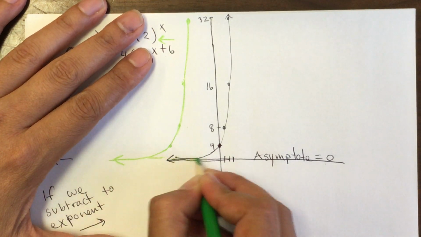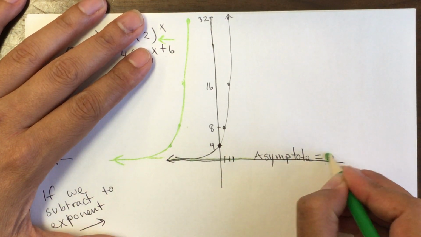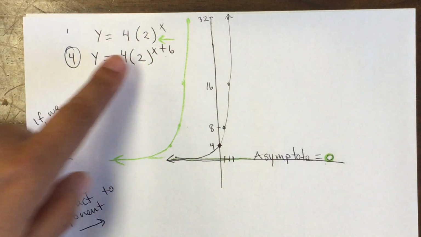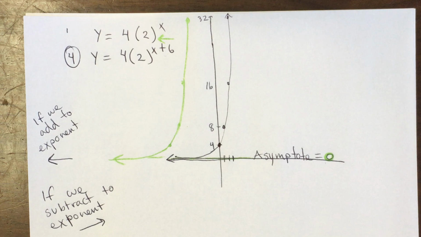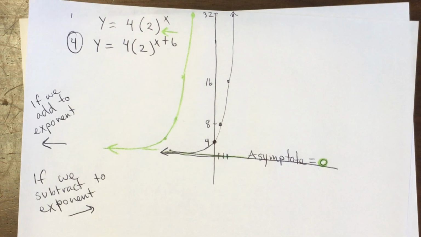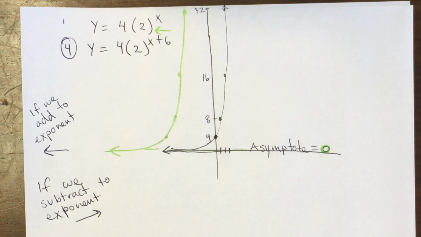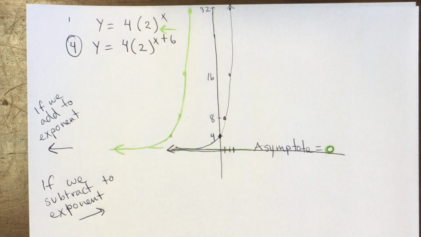Again, my asymptote is also 0 when we do the transformation and we're adding or subtracting on the exponent. The asymptote is gonna stay the same. Okay, take a minute to write that.